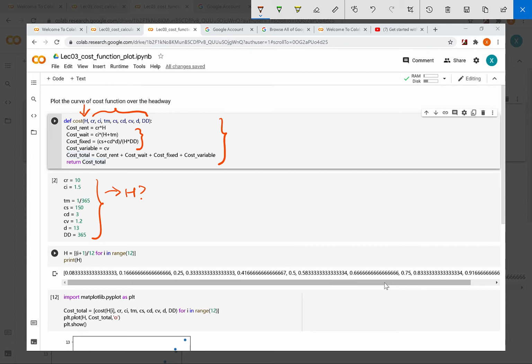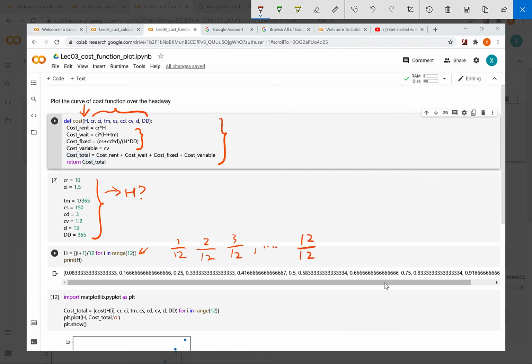So now let's try to figure out how we vary these headways. Here we use a small trick in Python where we put H as a vector of multiple numbers. In particular, you can see we want to put this 1 month headway, 2 months headway, 3 months headway, and so on, until the 1 year headway.